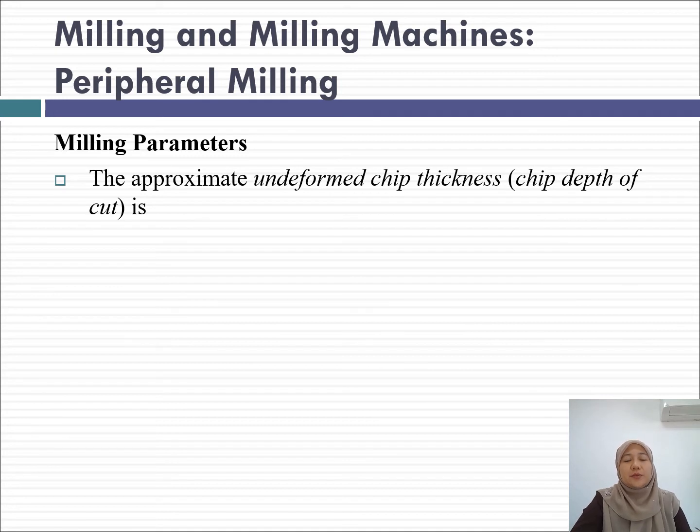Okay, the approximate undeformed chip thickness. So the chip thickness is in this equation: undeformed chip thickness tc equals 2 times f, the feed, times the square root of small d, which is the depth of cut, divided by capital D, which is the diameter of the cutter.